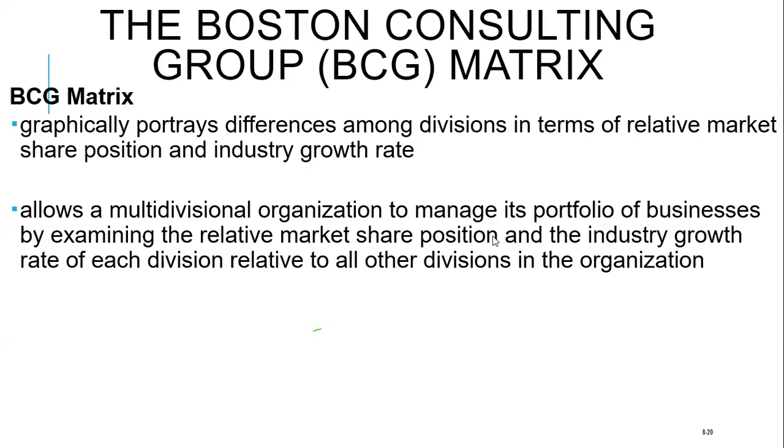So if a firm is having a low relative market share, but a high growth potential, that alone will also characterize a particular product or division for the organization. And depending on how they do these combinations and alignments, they end up having four main types of products for an organization.